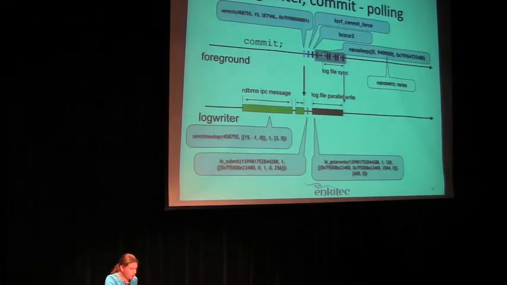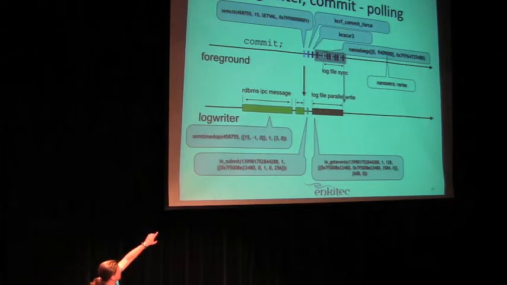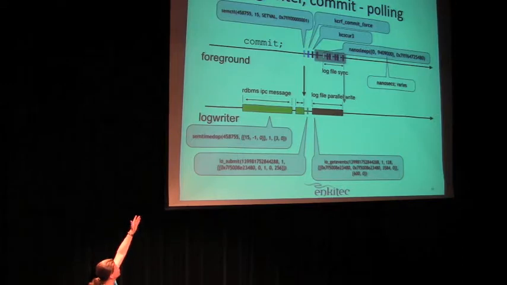What happens with polling is Oracle does it a bit different. If you do the commit, the log writer still is sleeping on RDBMS IPC message, which means semaphore timed operation. You issuing the commit will still signal the log writer that it needs to write something.